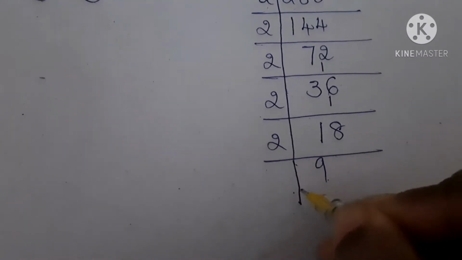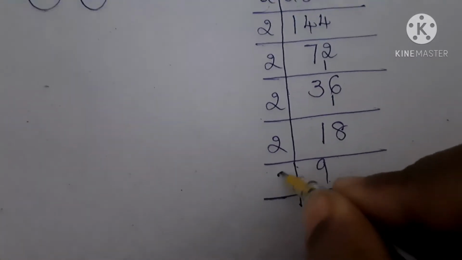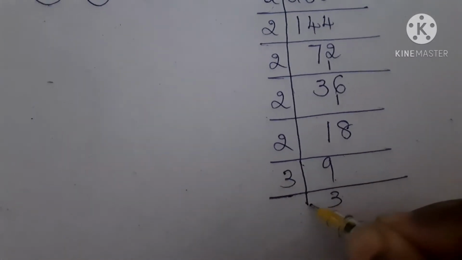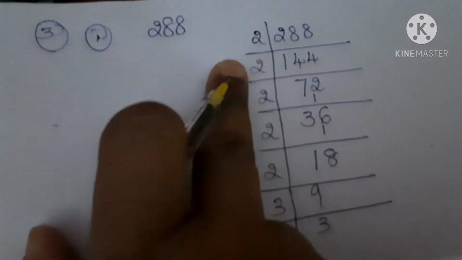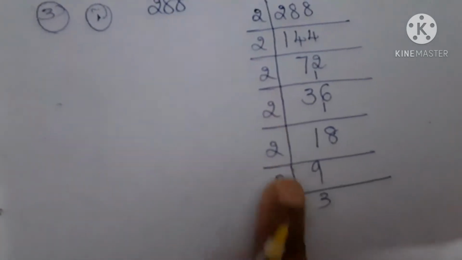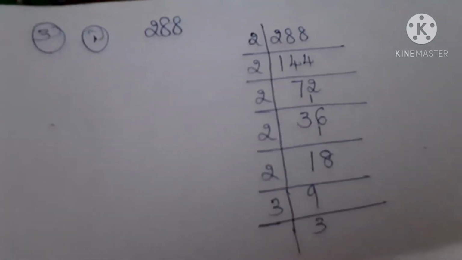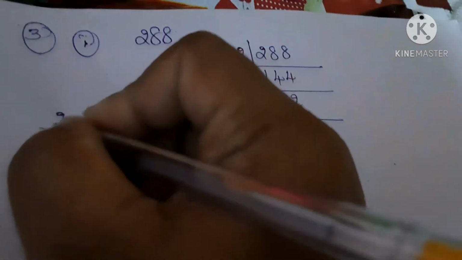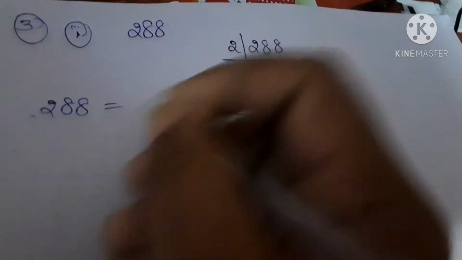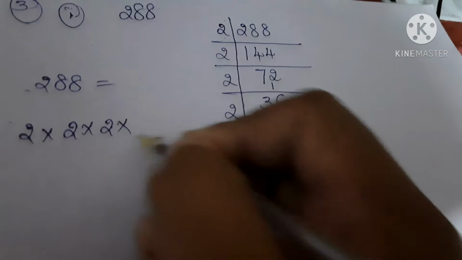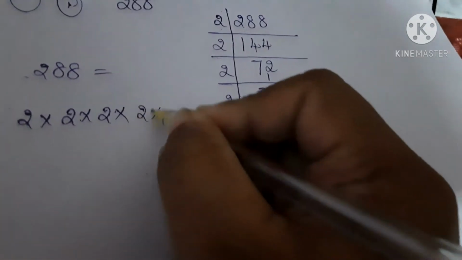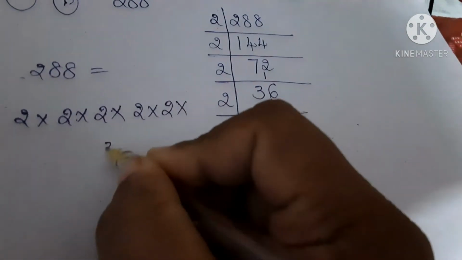So the next prime number is 3. 3 3s are 9. So 288 equals 2 into 2 into 2 into 2 into 2 into 3 into 3.